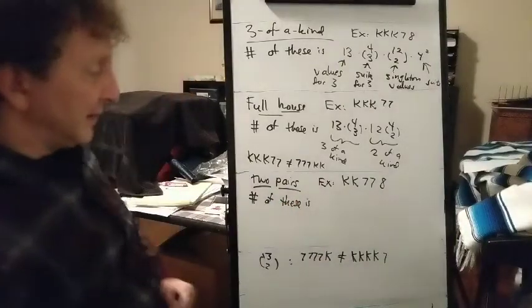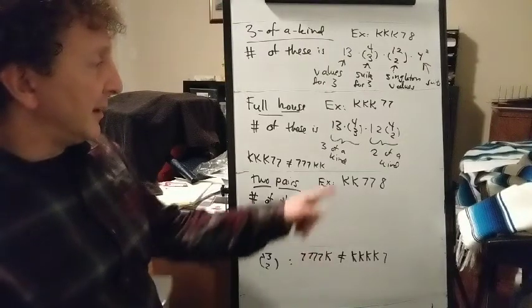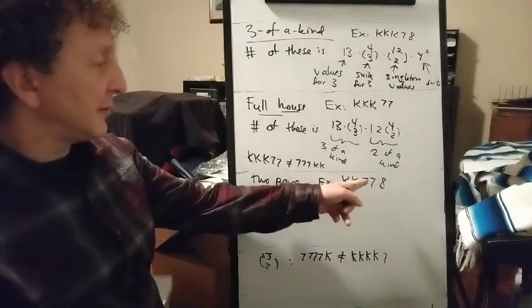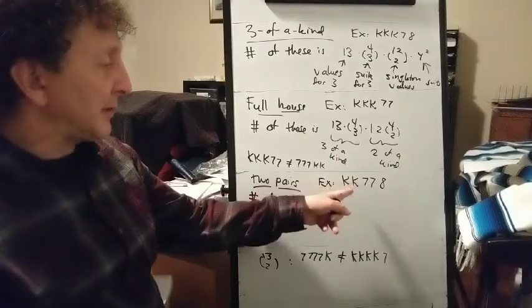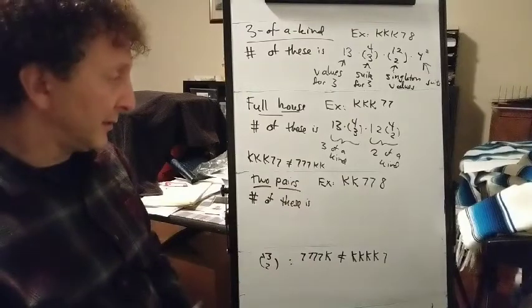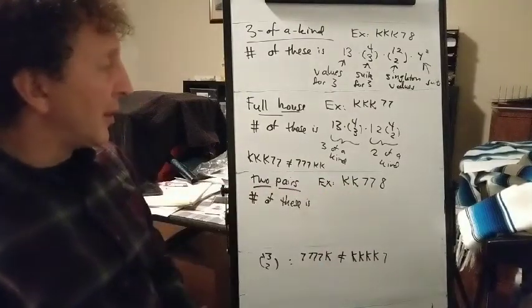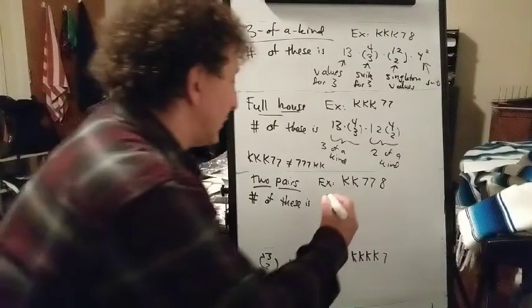The number of these is, all right, so now I'm not going to say 13 choices, 12 choices, because having 2 kings and 2 sevens is the same as having 2 sevens and 2 kings. So now, to choose these 2 values, we really do want 13 choose 2.